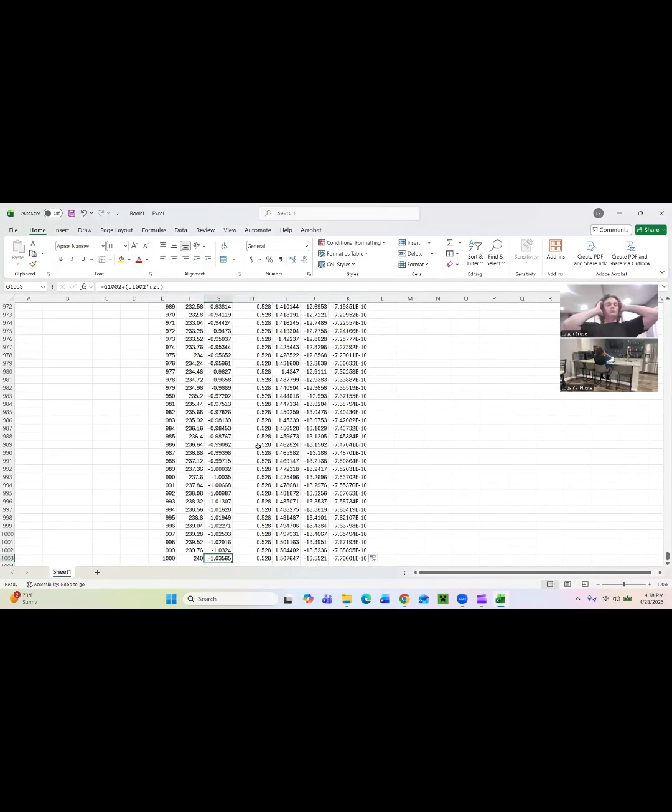But what are we trying to do? What we want is for these two values to go to 0, and this value to go to 1 because at the top of our tube, right, it is just pure air, right?